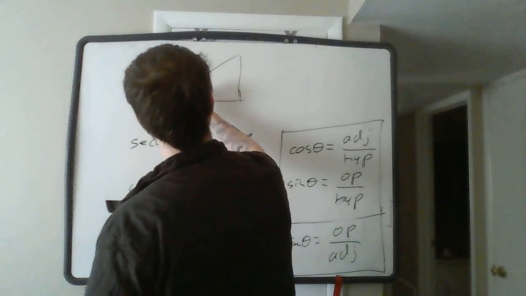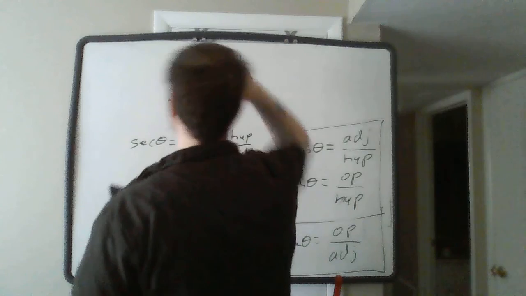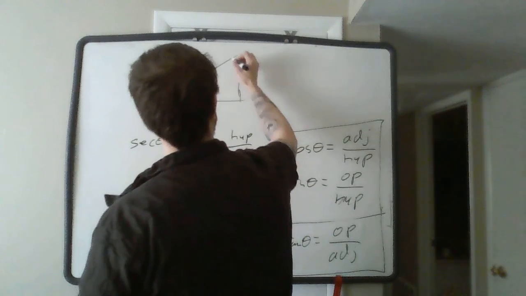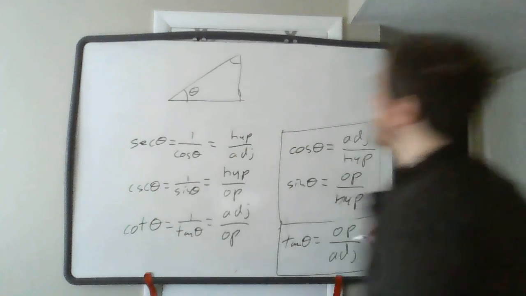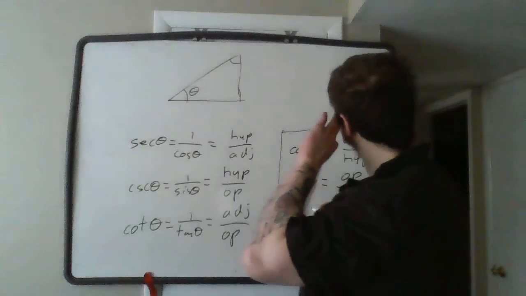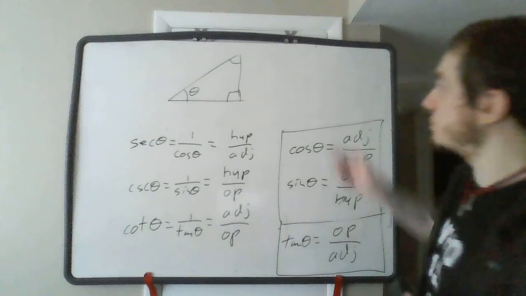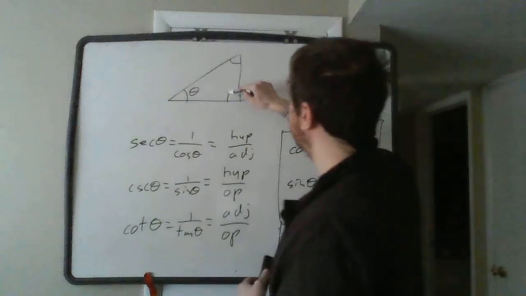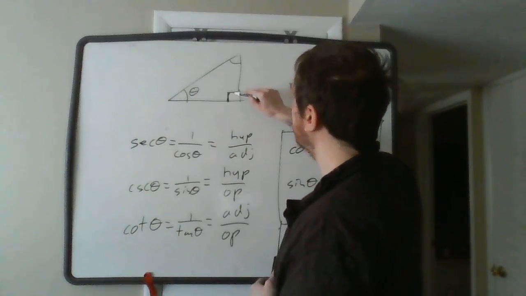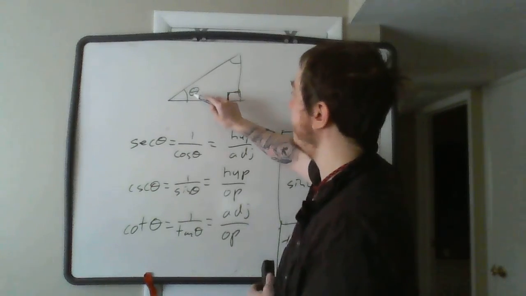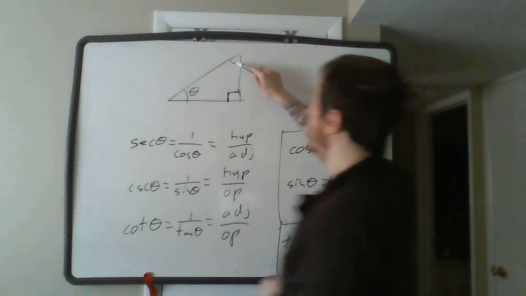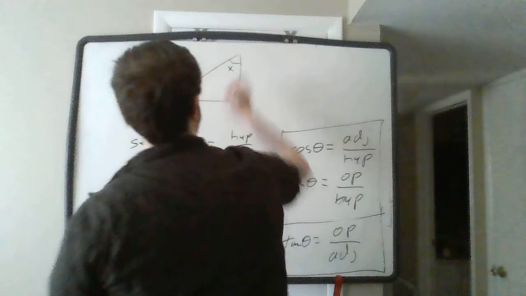And I'm going to call this angle theta. And this angle up here, we're not going to call it anything for the moment. I'm just going to write down what it is. This is a right angle, which is an angle of pi over 2. And this is an angle of theta. Now, for the moment, I'm just going to call this angle x.